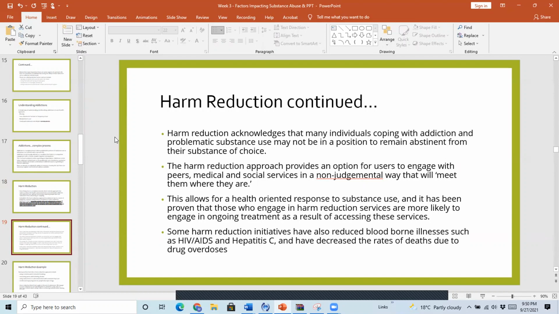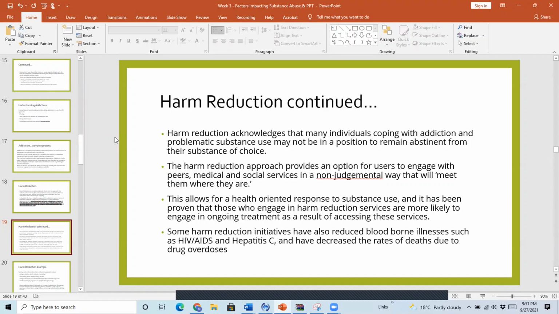Harm reduction also engages the individual with this addiction to collaborate with community supports, social service supports and whatnot, so that they can gain the extra supports they need to redirect their lives in a different way. Ultimately, the goal is to get them away from that addiction, but in a very individually targeted way.